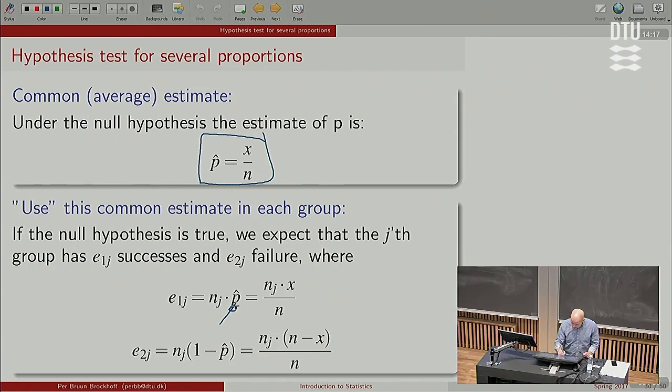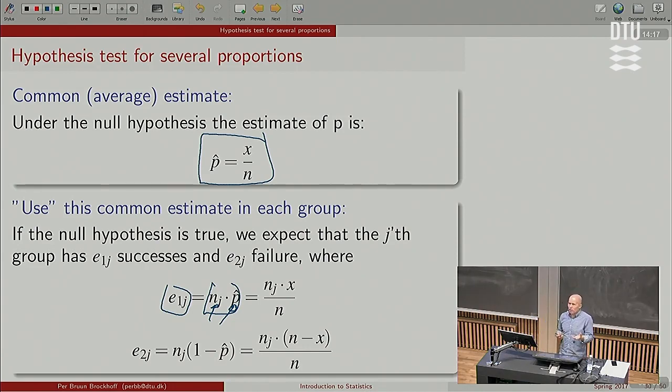I go with my proportion and compare with the number of births from this year. I say, to match the common proportion, say the common proportion would be 5%, the expected number of births this year to match the hypothesis of everything being the same should be this number. This is E1j, the expected number of malformations in group j, or in year j.